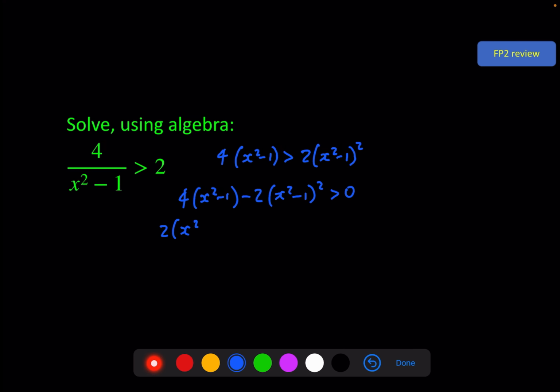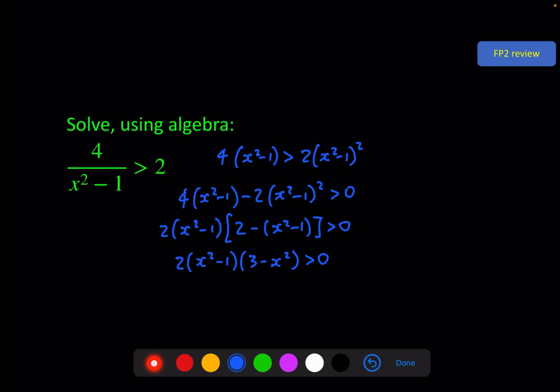In this case, I can factorize that, which leaves a 2 in the first bit, and a minus x squared minus 1 in the second bit. So that becomes 2 minus x squared plus 1, we get 3 minus x squared.